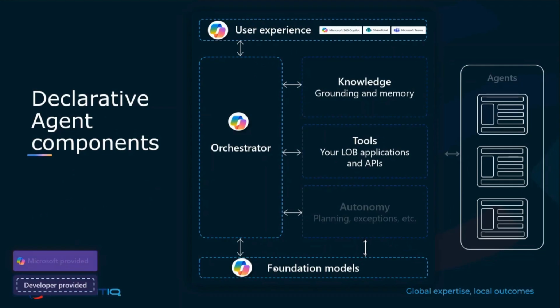So let me go over the declarative agents architecture. You see the user experience here is M365 Copilot, SharePoint, and Microsoft Teams. Now this user experience is fixed. The orchestrator is something called the Copilot orchestrator. The Copilot orchestrator is built on an agentic AI orchestration framework called semantic kernel.